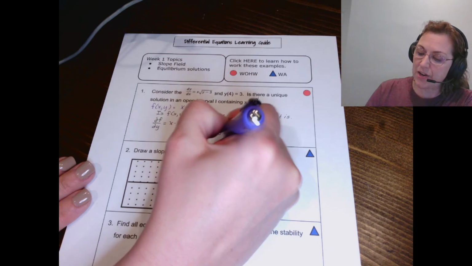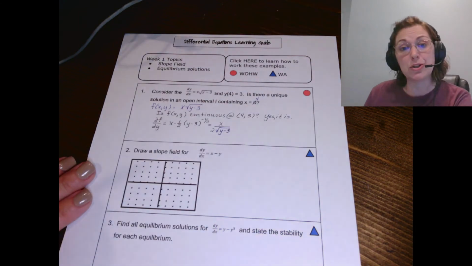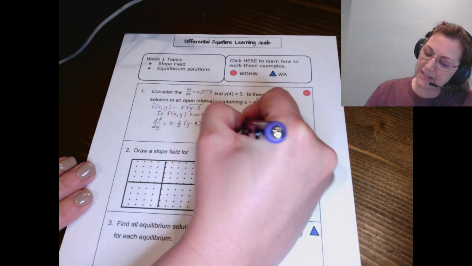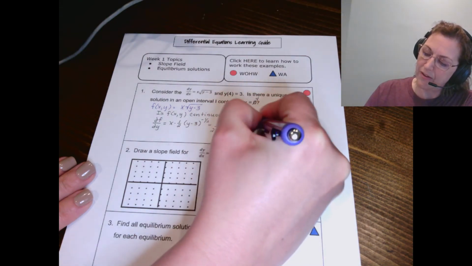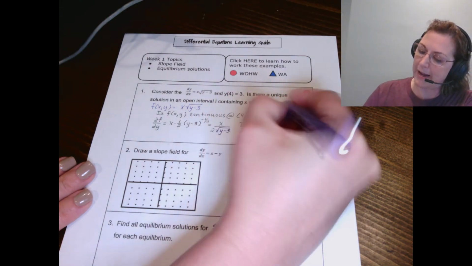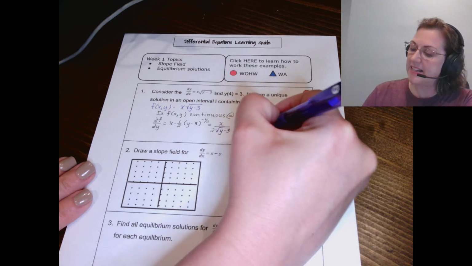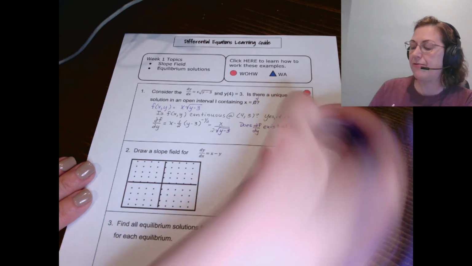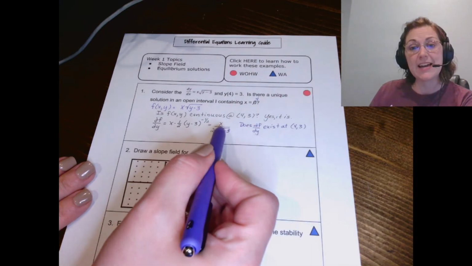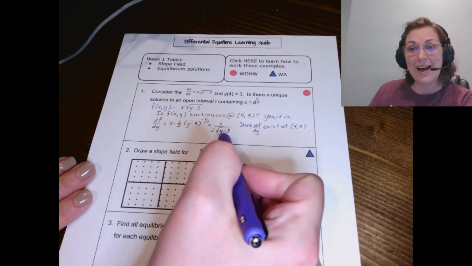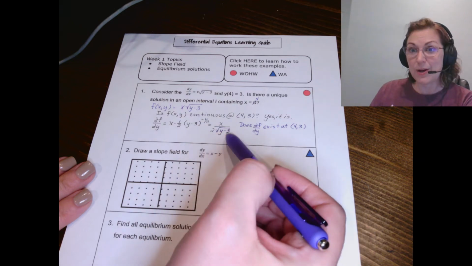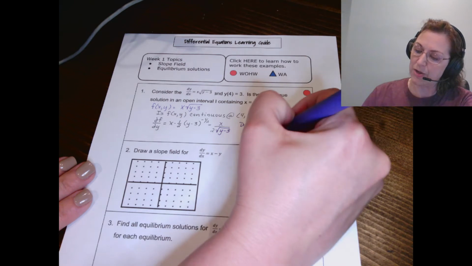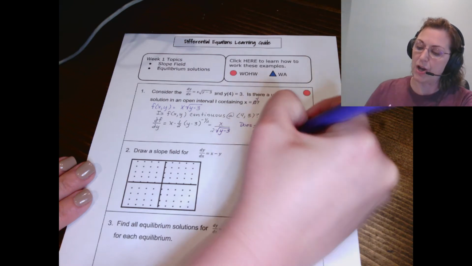And now we need to know, is this partial derivative continuous at 4, 3? Meaning, does the partial derivative of f with respect to y exist at 4, 3? Can we plug in 4 for x? The answer is yes. Can we plug in 3 for y? Well, I'm going to get 0 under that square root, which is going to produce 0 in the denominator. So the answer here is no.